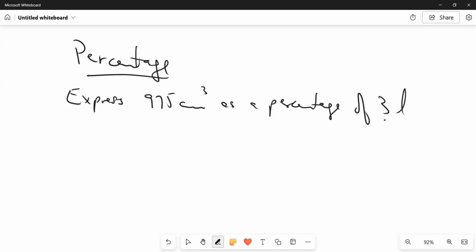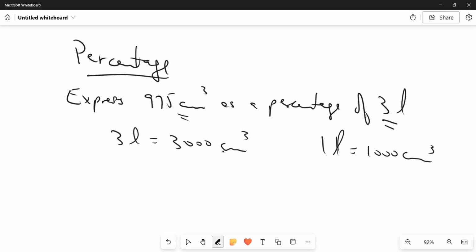Well, of course, you have to get liters in cm cube, right? So 3 liters is equal to 3,000 cm cube, because 1 liter is equal to 1,000 cm cube. So to express 975 cm cube as a percent of 3 liters, we'll do this.